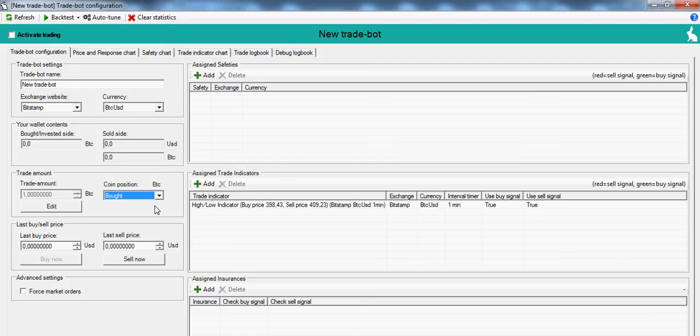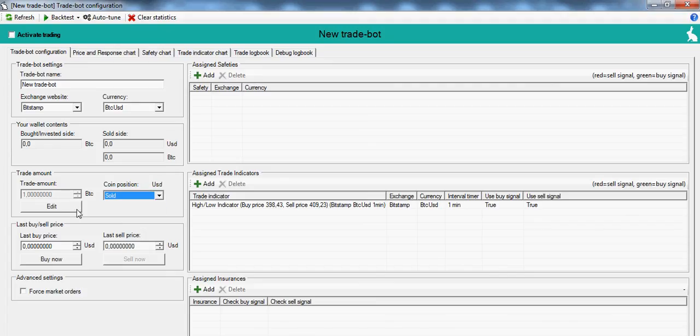If it's a pair which is Bitcoin to an altcoin, then the altcoin is going to be over here at the bought side, and Bitcoin is going to be over here. If it is an altcoin pair, then you're going to want to switch it to the side you have enough coins in.